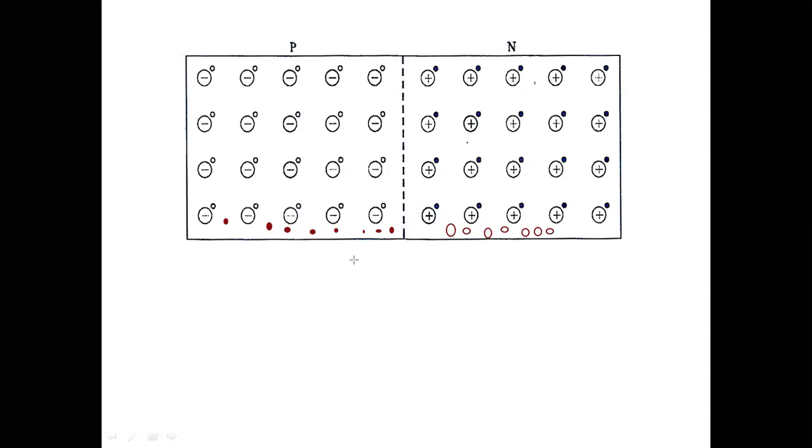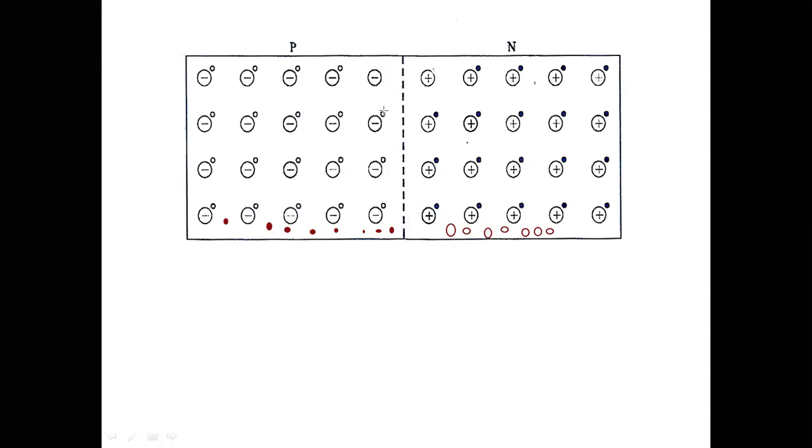When an electron moves from the N side to the P side, there is no electron left here, and there is no hole here.